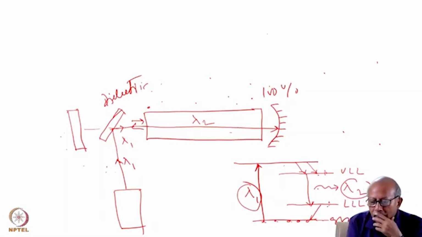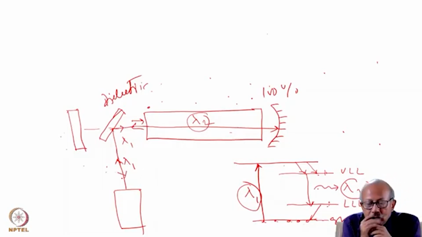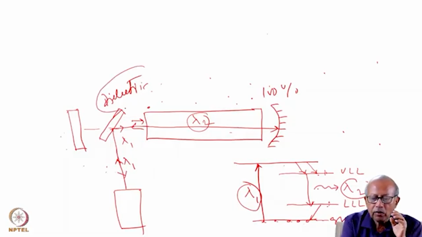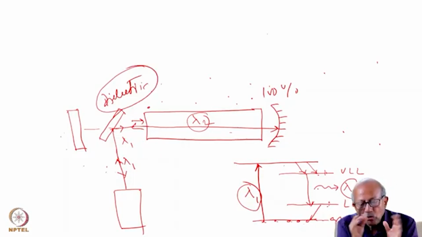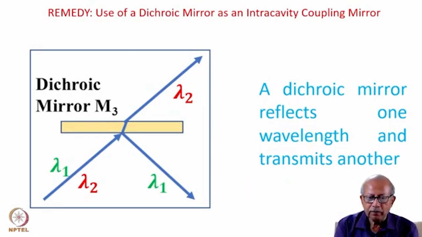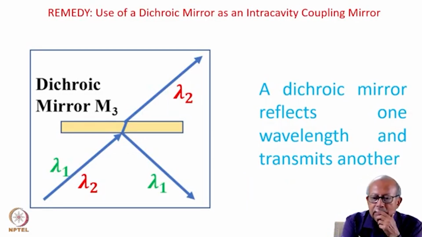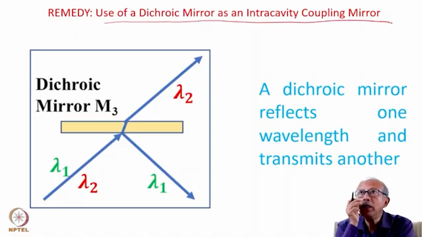So most probably it will reflect most of this lambda 2 back. So an ordinary dielectric intracavity mirror is also not going to work. However, the remedy is use of a dichroic mirror as an intracavity coupling mirror.